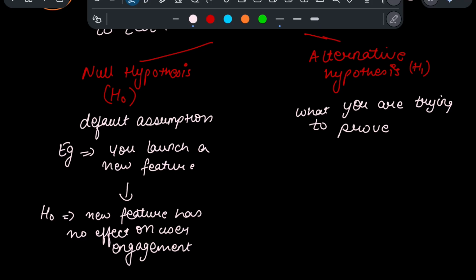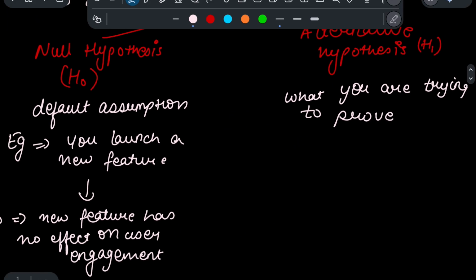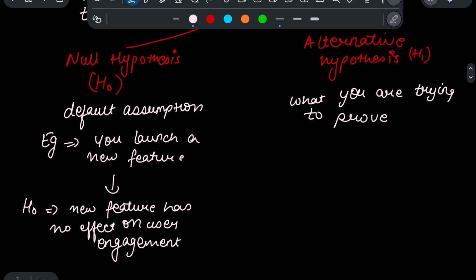Now, talking about the alternative hypothesis. The alternative hypothesis says that something changed, there is an effect, and there is a difference. Let me take the same example. We launched a new feature, and our null hypothesis is that the new feature has no effect on user engagement.